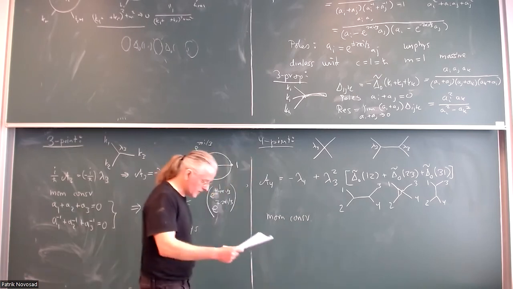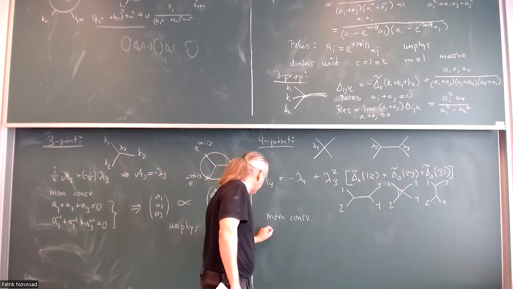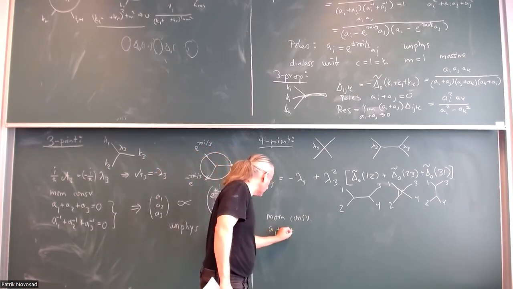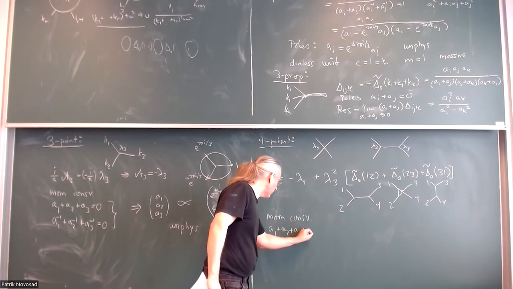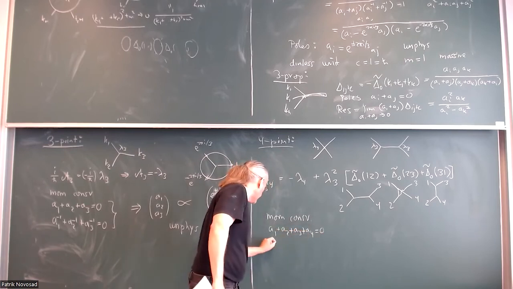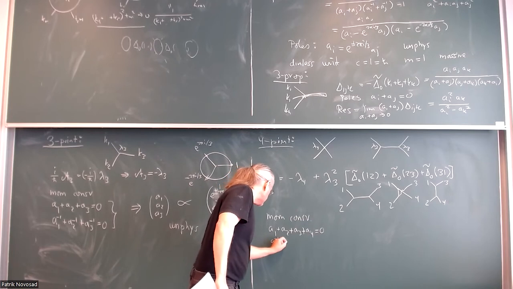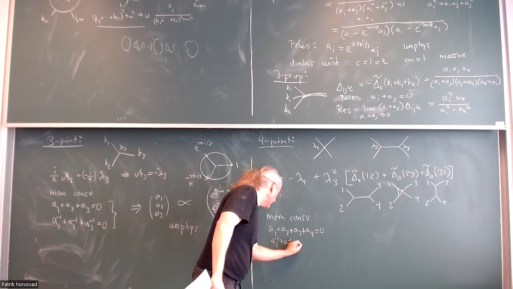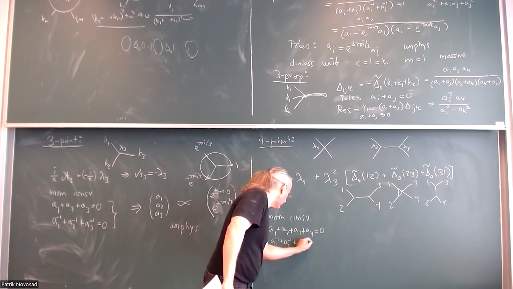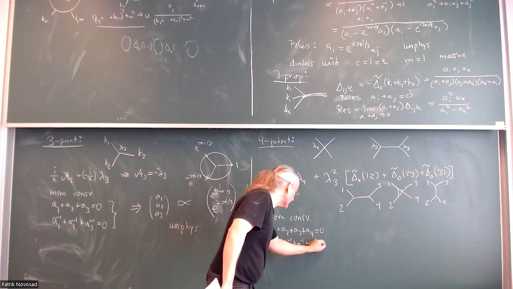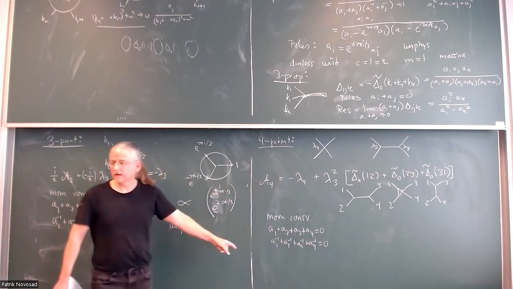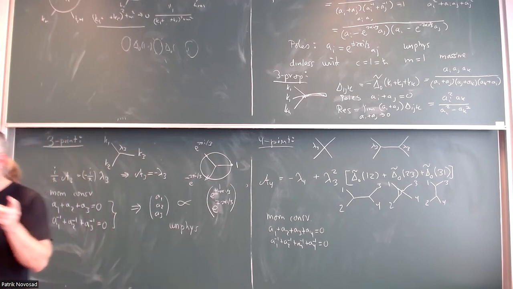So now we have A1 plus A2 plus A3 plus A4 equal to 0, and A1 minus first plus A2 minus first plus A3 minus first plus A4 minus first equal to 0. Like this, right? So now we have four variables, two conditions.